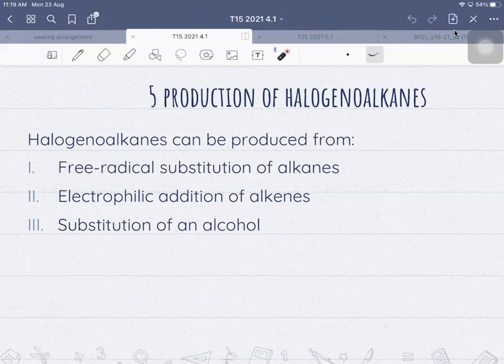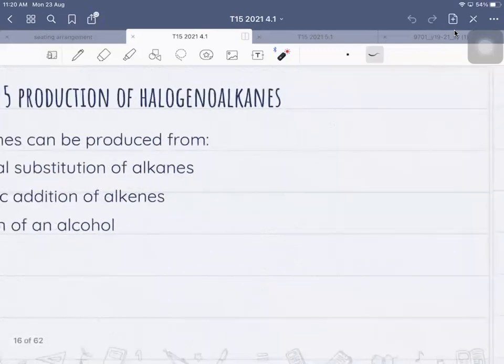So if you are given a choice out of these 3 reactions, in order to produce a desired halogenoalkane, one type of halogenoalkane, you would go for reaction number 2 or reaction number 3. At least these reactions don't have side products. The reaction is not continuous. Once you get your desired product, the reaction should stop.